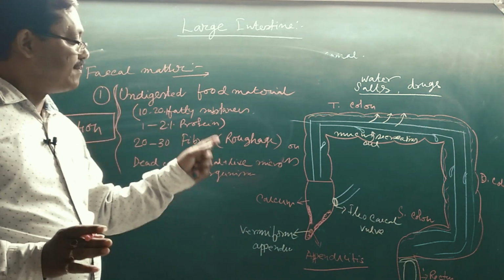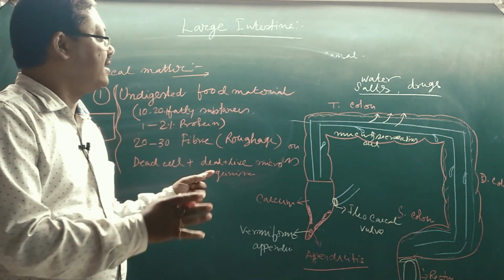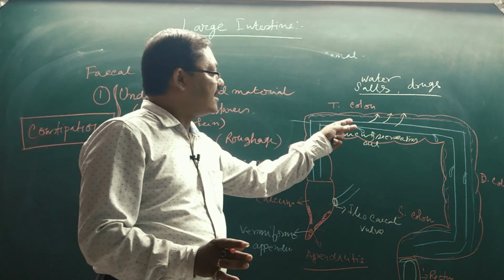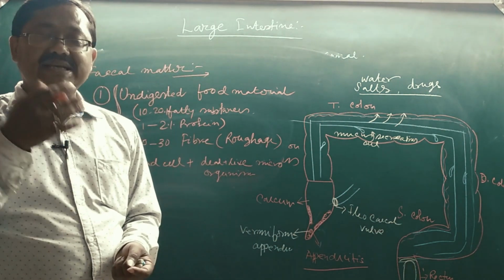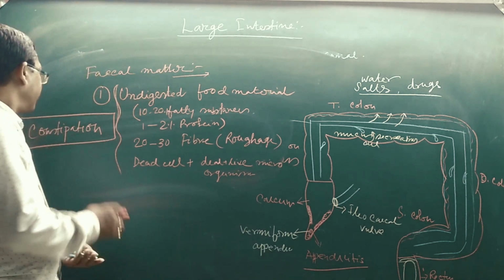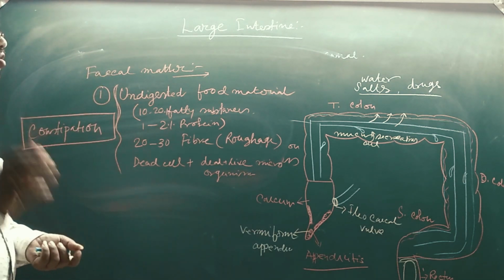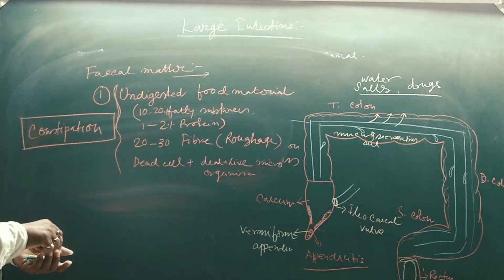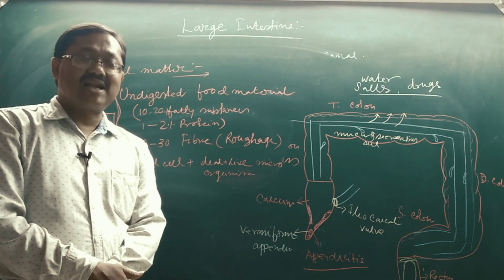Then the fecal matter retains most of its water, and this water helps it to easily move out of the body. This is the procedure by which we can easily recover from constipation. This is more or less the large intestine structure and function.